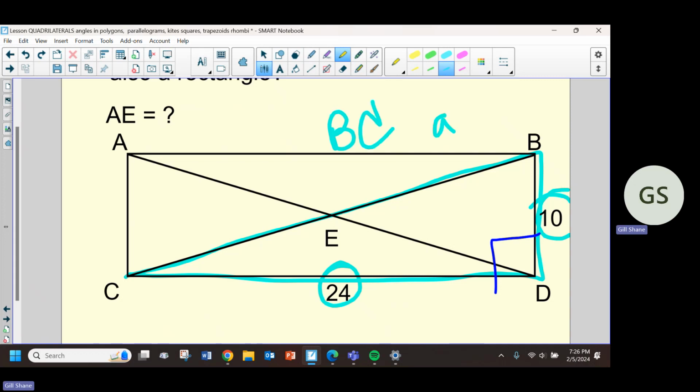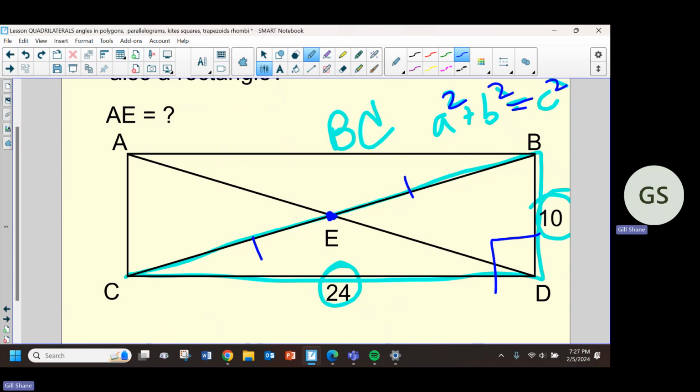So solving for BC is that a squared plus b squared equals c squared thing. Well, if I know what BC is, then I know this is the midpoint, so I know what those two are. I have to split BC in half.